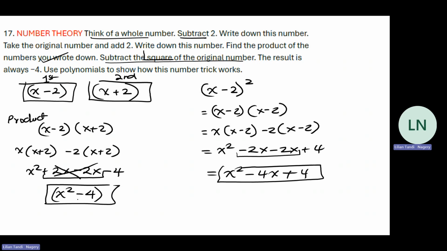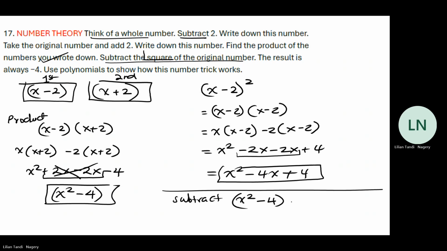Now we need to subtract these two. So subtract x squared minus 4, minus x squared minus 4x plus 4. X squared minus x squared is 0.